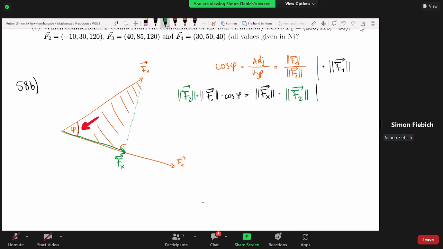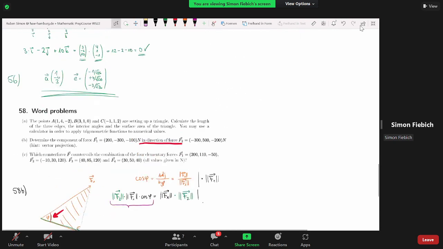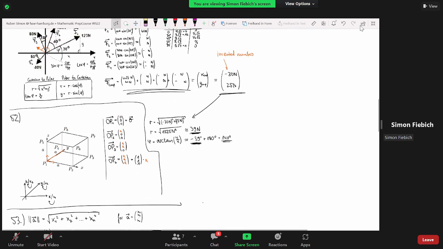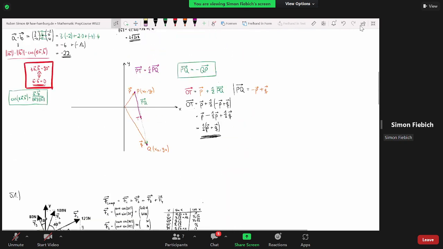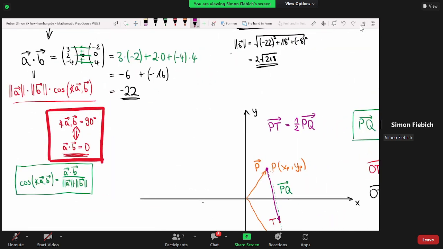The next step would then be to spot the reason why I did this a second ago. So what about this expression? Do you remember this? Maybe from above. Look at that.